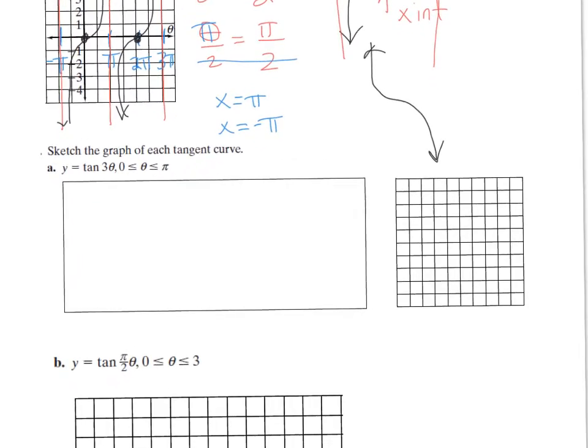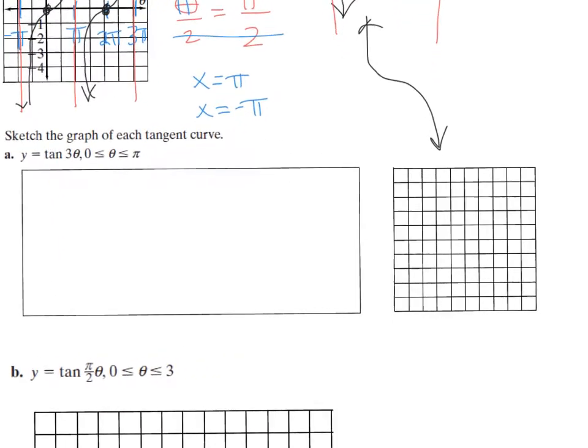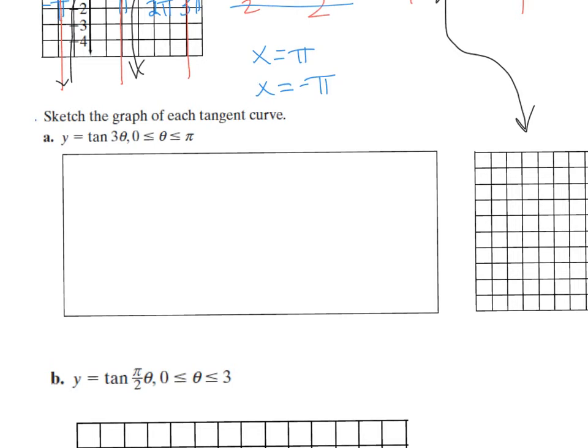Okay, next one, sketch the graph of the tangent curve from 0 to pi. So again, I take this part, 3 theta, and set 3 theta equal to positive pi over 2, and set 3 theta equal to negative pi over 2.